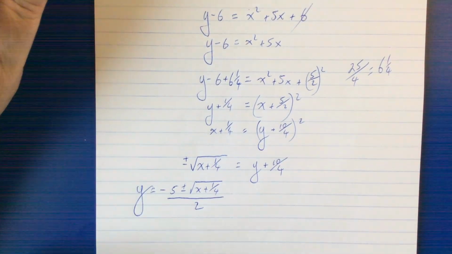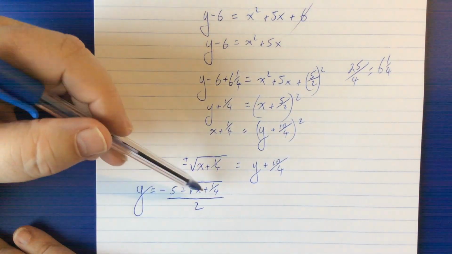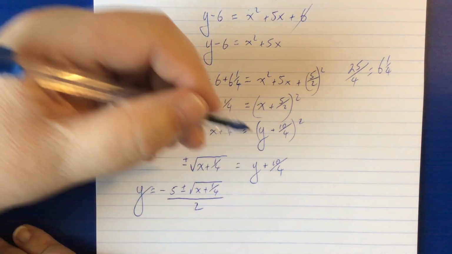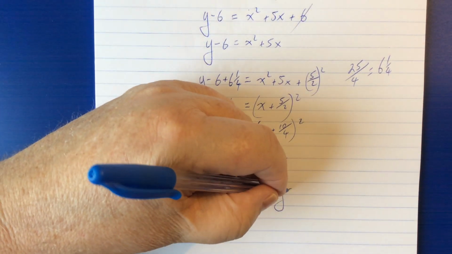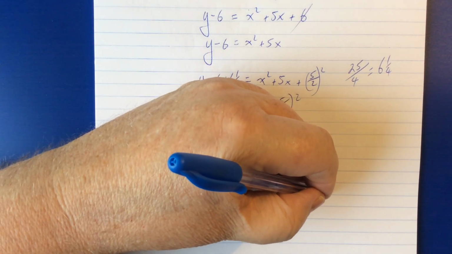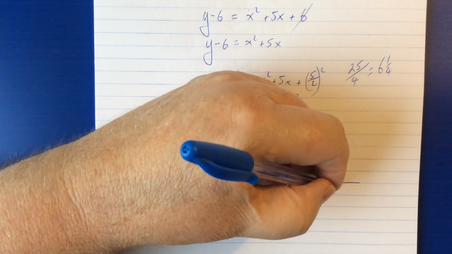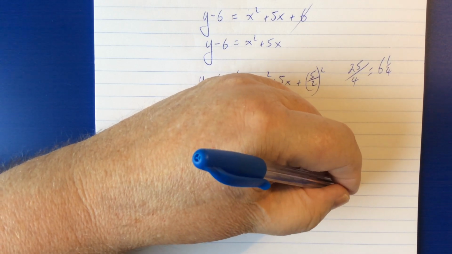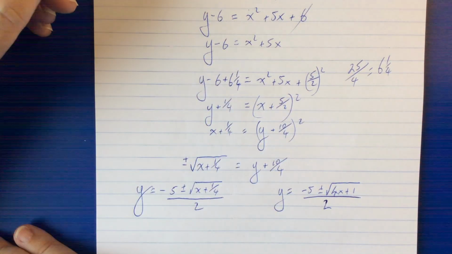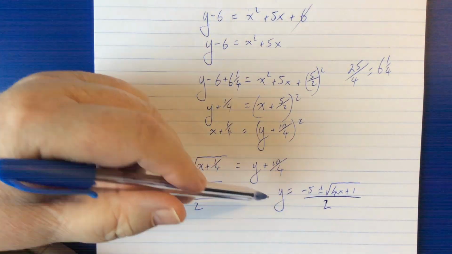Now, we can maybe tidy this up a little bit more. If you don't like having fractions in here, we can do the following. y equals negative 5 plus or minus the square root of 4x plus 1 all over 2. These are the same.